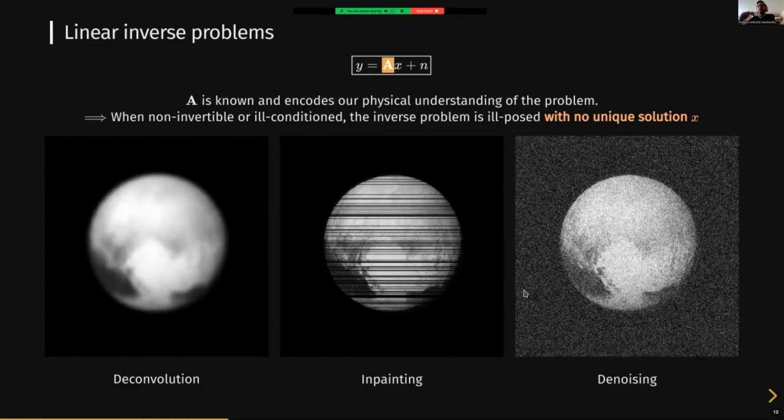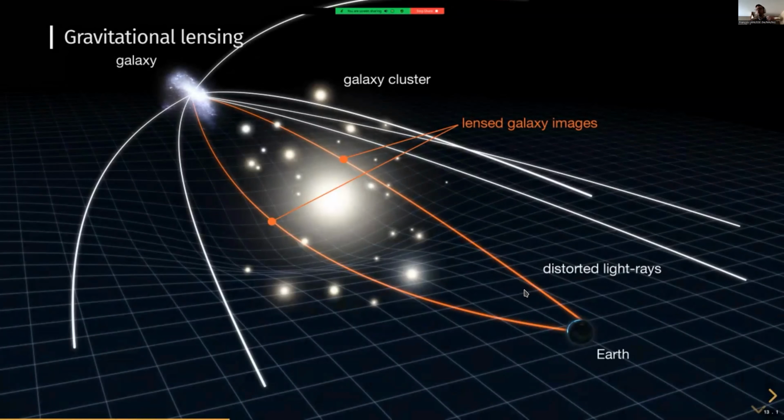The particular example of inverse problem that I want to show you today has to do with the research that I conduct, which is linked to an effect called gravitational lensing. In gravitational lensing, we're looking at galaxies that are very, very far away from us, so far away that in between us and the galaxies that we observe, there might be some very heavy large-scale structures like galaxy clusters.